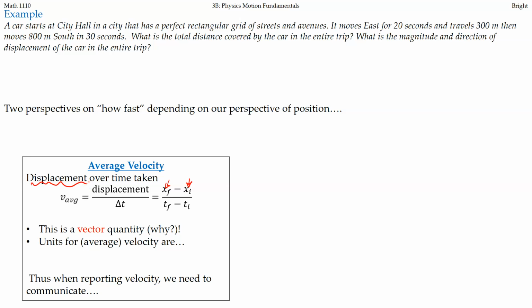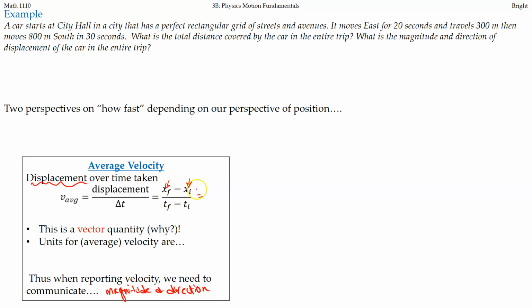Because velocity is a vector quantity, we need both magnitude and direction. Also, it would be good to include units. I want you to do a little bit of thinking here.